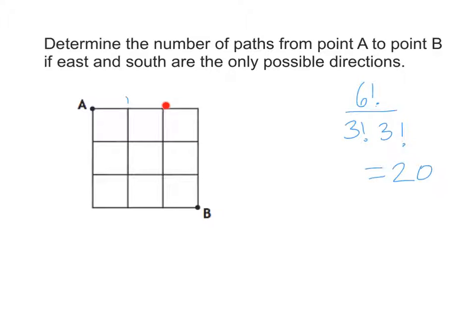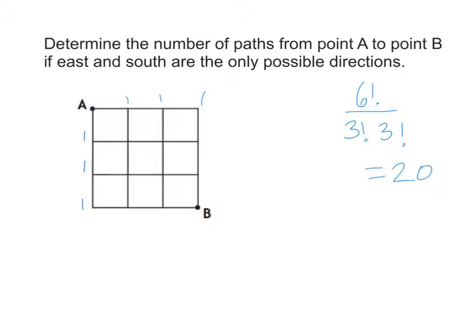There's only one way, right? You have to go straight across to it because you can only go east or south. So that's also a 1. And then to here, also still just 1. And then the same thing if you're going down here, there's only going to be one way to get to here, 1 to here, and 1 to here.